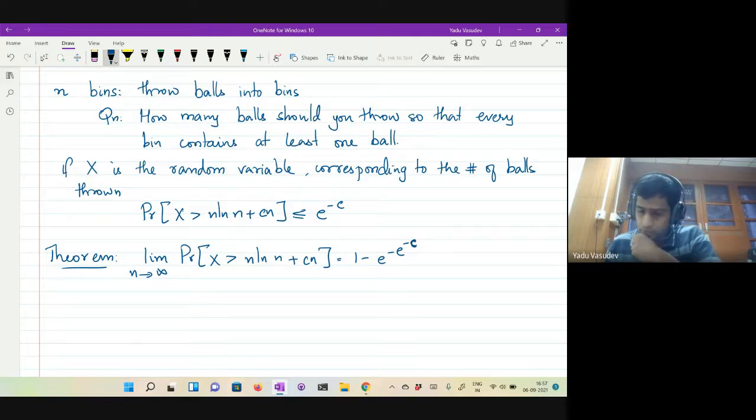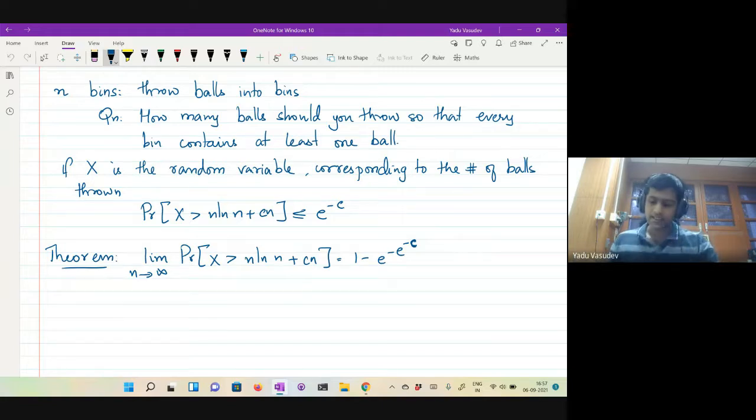Okay. So it's a slightly tighter analysis, tighter bounds that you're going to get. But the analysis, therefore, is also going to be slightly different. It's going to be a little more technical. But the interesting thing is that we can do this analysis using the Poisson approximation that we have studied.